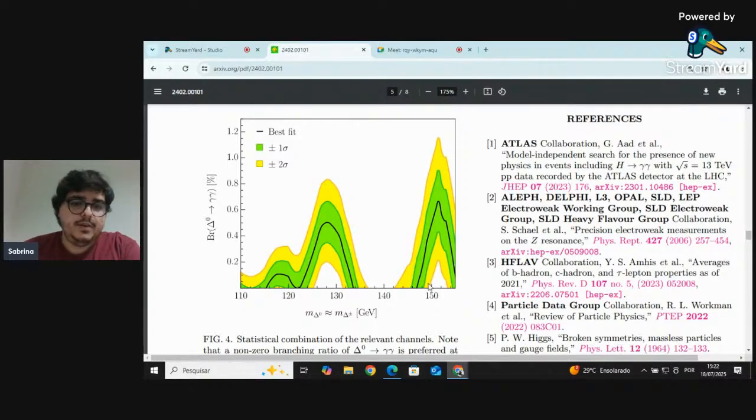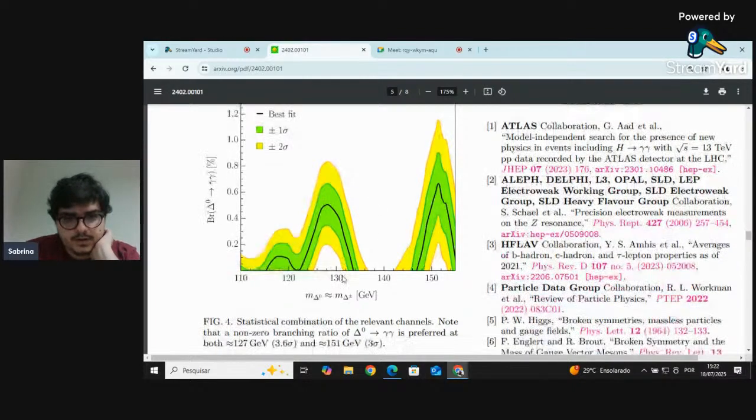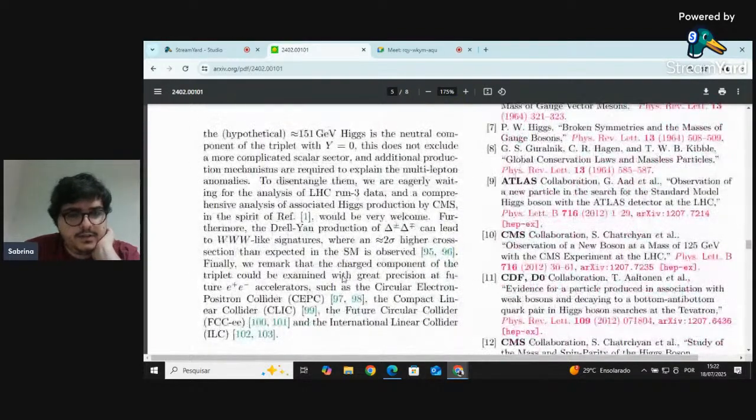This peak represents the 151 GeV particle, and this peak, they say, is a combination of the Higgs and this new scalar that generate this new peak. This first one has 3 sigma of significance, and this one, I think, 2 sigma of significance.